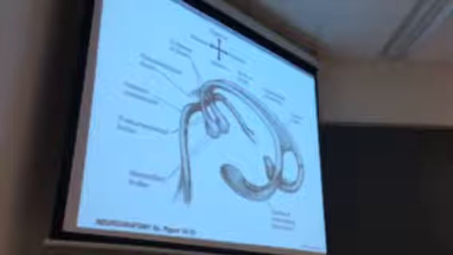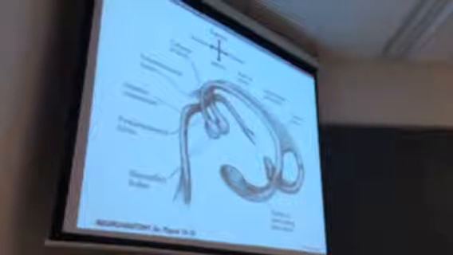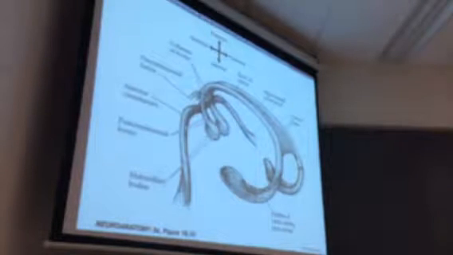We looked at the structure of the fornix. This is an important structure within the limbic system because it ties together the left and right limbic system, the anterior and the posterior. It goes everywhere within the limbic system, from the mammillary bodies all the way up to the amygdala, etc.